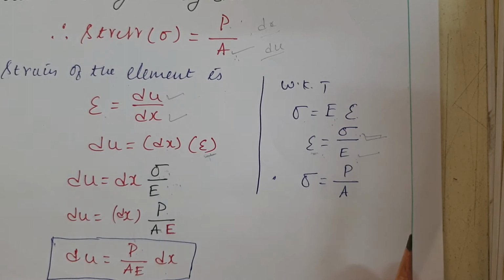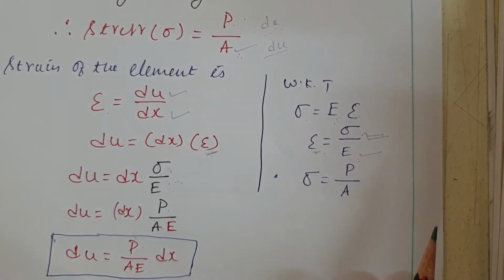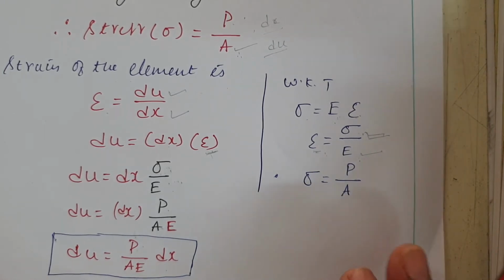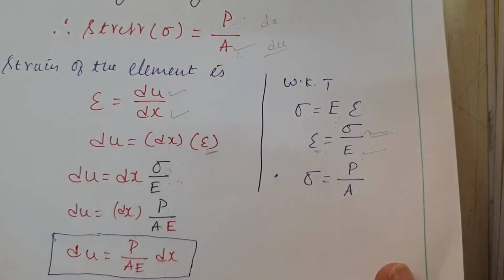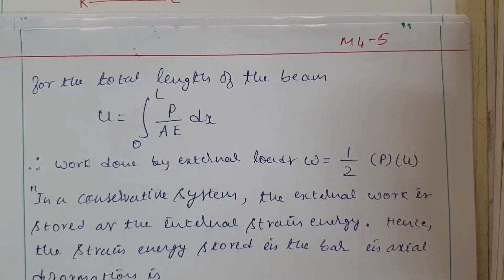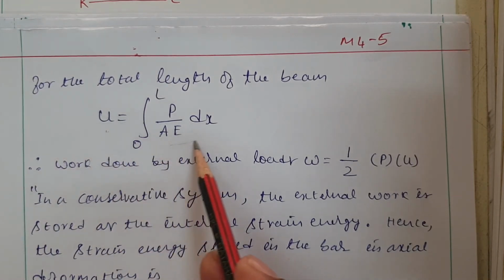This is for the small element of length dx undergoing small deformation du. So in order to get the total length of the bar, we have to integrate the above equation with respect to x from 0 to L. For the total length of the bar, I am integrating the above equation, then integration of du will become U. So that's what I considered here.